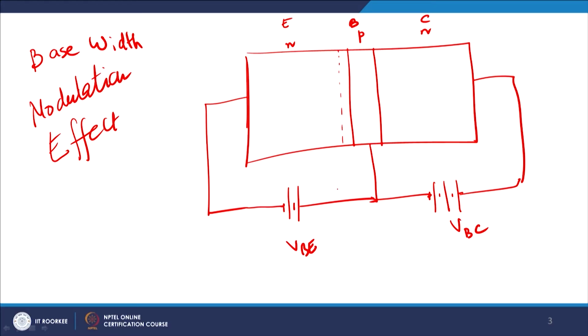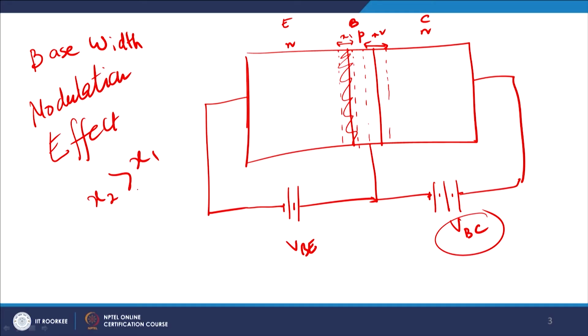Now you see, because of VBE there will be a thin depletion region here, since it is forward biased, whereas because of VBC I will expect to see a larger depletion width here. So if this is x1 and this is x2, then obviously x2 will be larger than x1, because your base collector is reverse biased and your emitter base is forward biased.